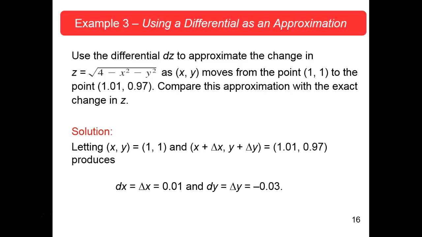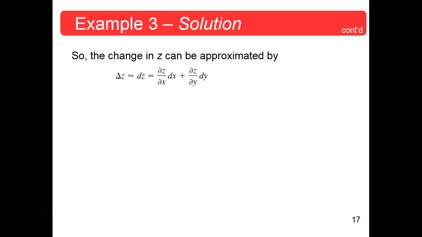And your dy, which is also your delta y, is negative 0.03. I think we got both of those right. So the change of z can be approximated by the dz, which is partial of z with respect to x dx, plus partial of z with respect to y dy.